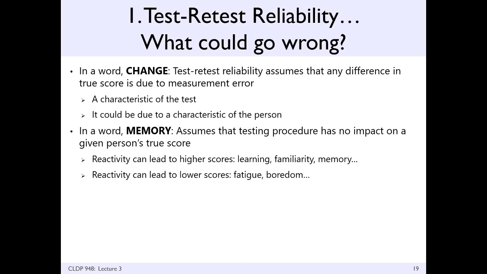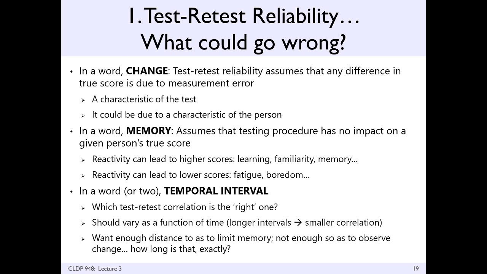If they remember the items, you're in trouble, because then that violates the validity of the measure of what you're trying to do. And what's the right interval? How long is long enough but not too long? You can end up with different test-retest correlations across different intervals, and therefore that would indicate different amounts of true score reliability, even in the face of it actually being the same.